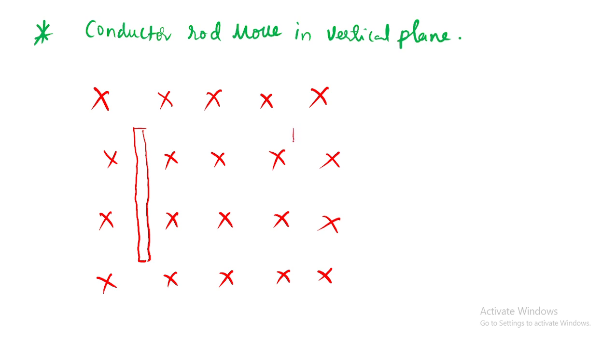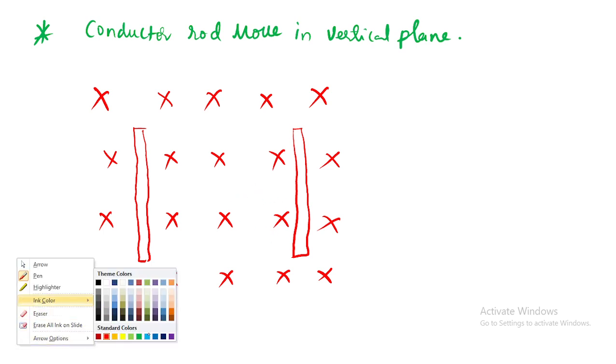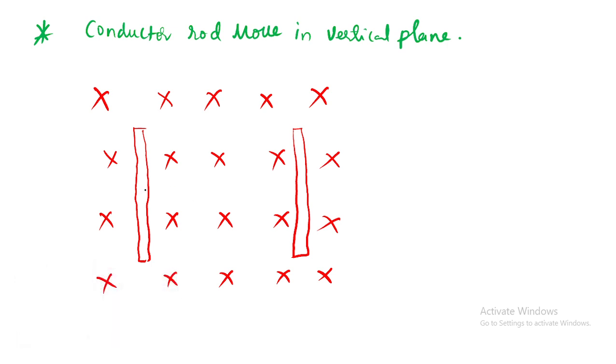Static means they are not moving at all. The speed of the conductors is zero. Now let's say one conductor is there like this. One rod is sliding down on this one.